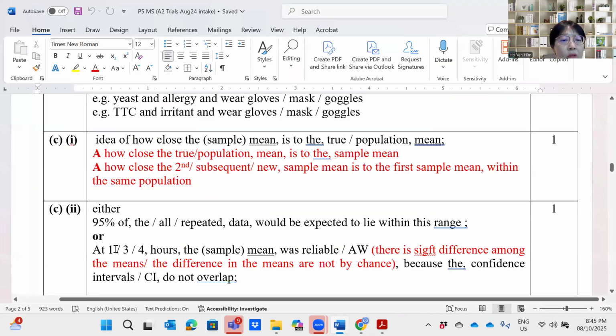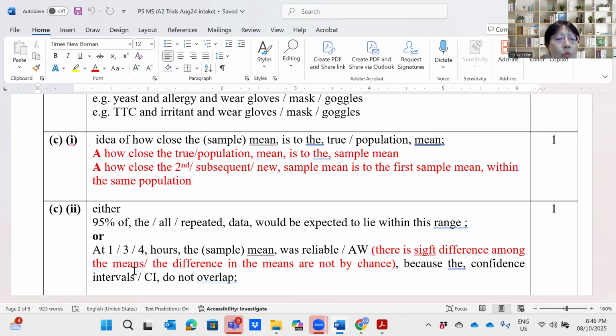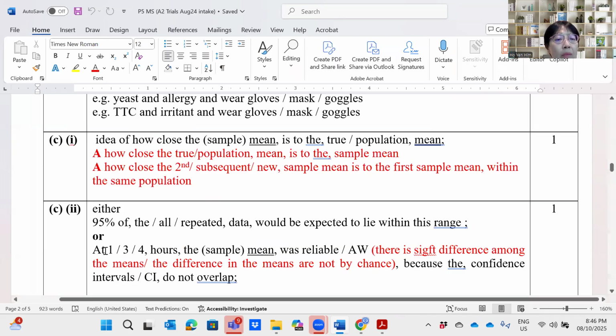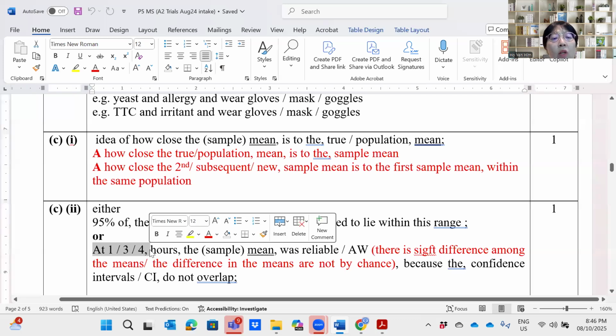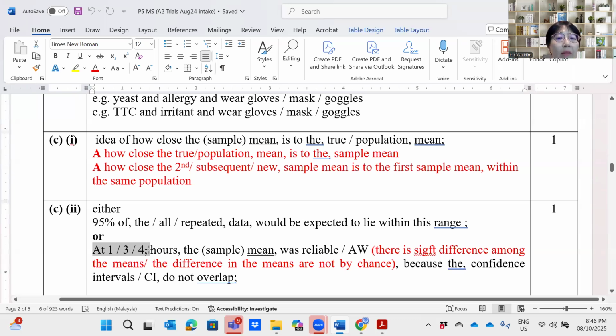Okay. At 1, 3, 4 hours, the sample mean was reliable, or there is a significant difference among the means for different pH that we use, right, or different hours that we use. So for 1 or 3 or 4 hours, because the question said from the data from the graph, we need to quote the value from the graph.